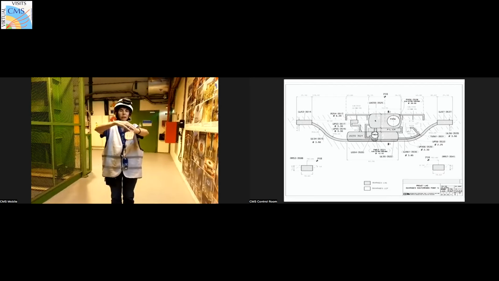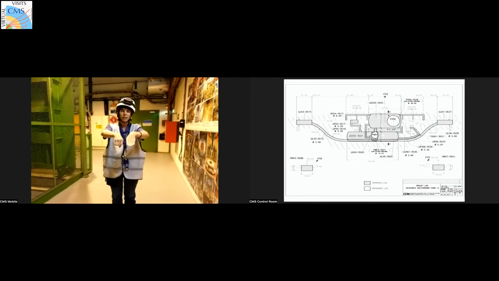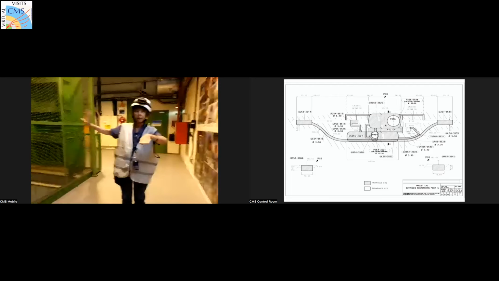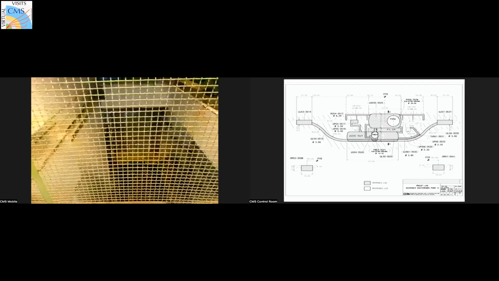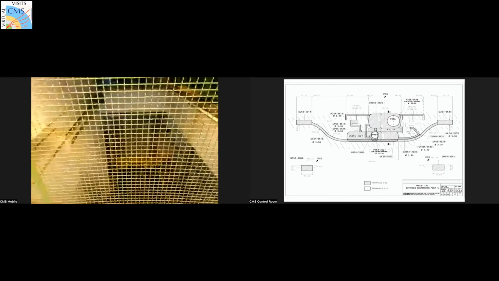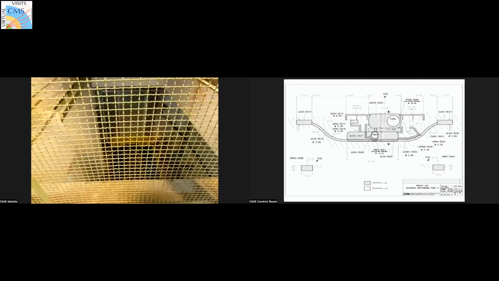The service cavern, as you see, is longer and thinner, while the experimental one is shorter and a little bit larger. The experimental cavern is on this side, as you can see from the picture. Maybe you can see a gray wall made of blocks. They are all glued together.